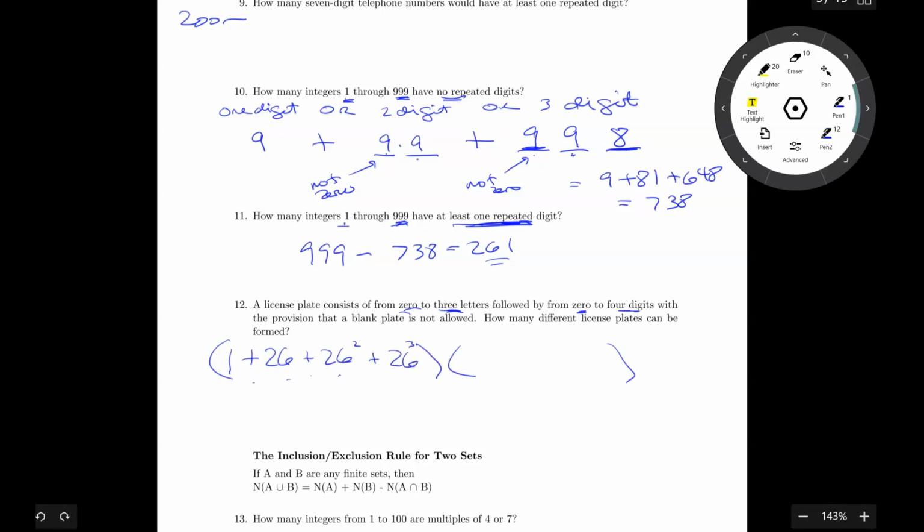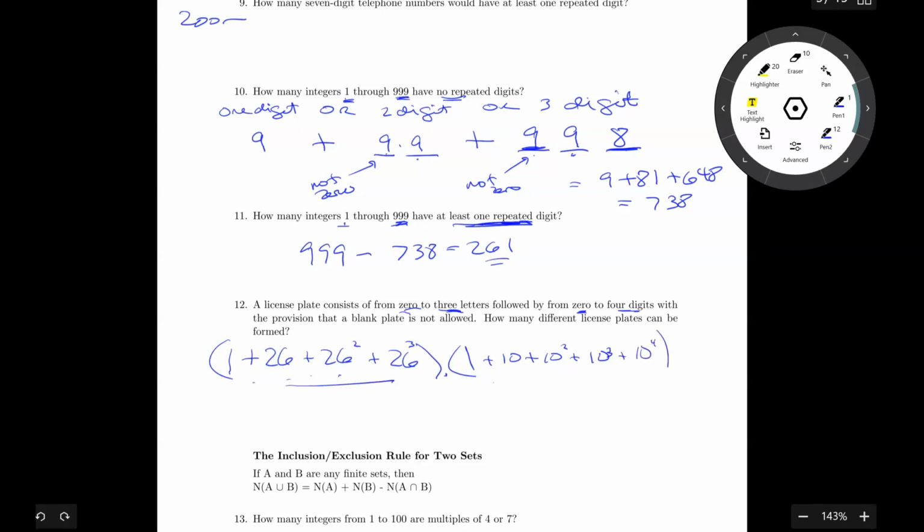And for digits, there's 1 choice for no digits, 10 choices for 1 digit, 10 squared, 10 cubed, or 10 to the 4th, right?